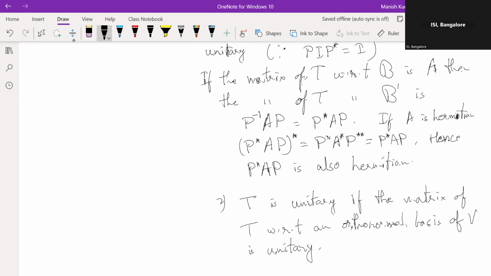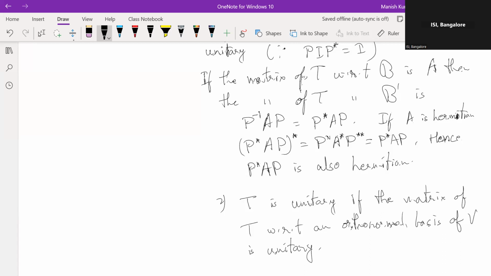And again, if A is unitary, then P star AP is again unitary, because you can check that for P a unitary matrix. If A is unitary, then in P star AP, P star P is identity and A star A is identity, so you can just check. So it does not again depend upon the choice of the orthonormal basis. So both these definitions are okay.